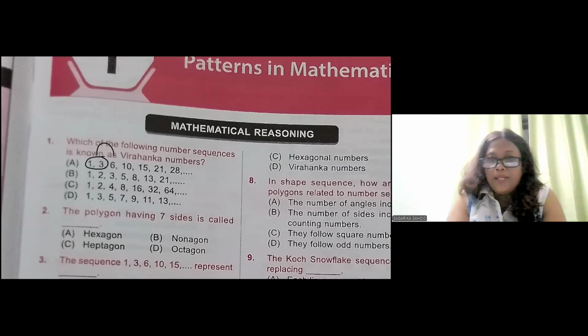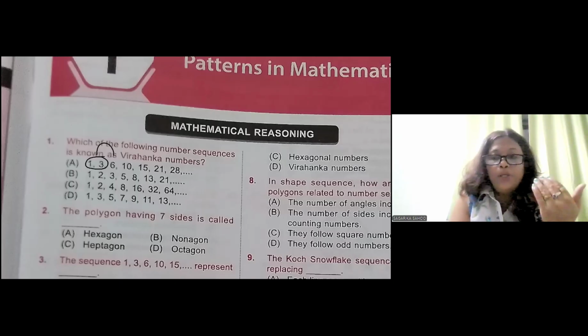Now moving on to the next Fibonacci sequence. In B, we have 1 plus 2. If I consider this number 2, there are no two numbers before it, only one number.